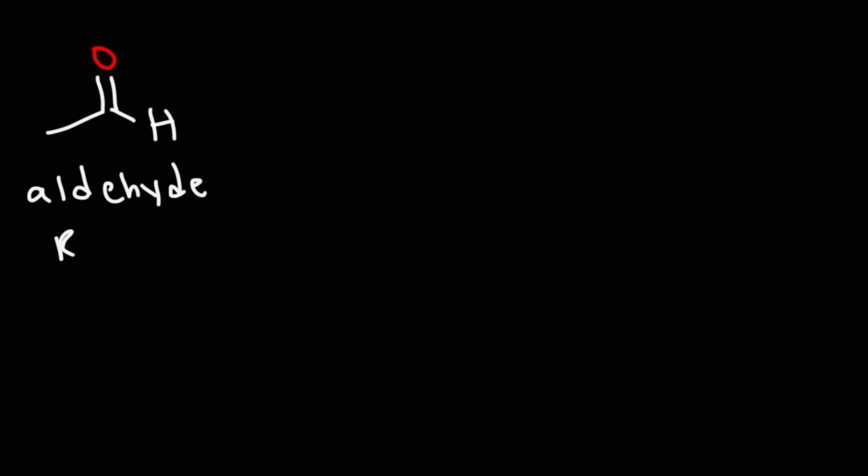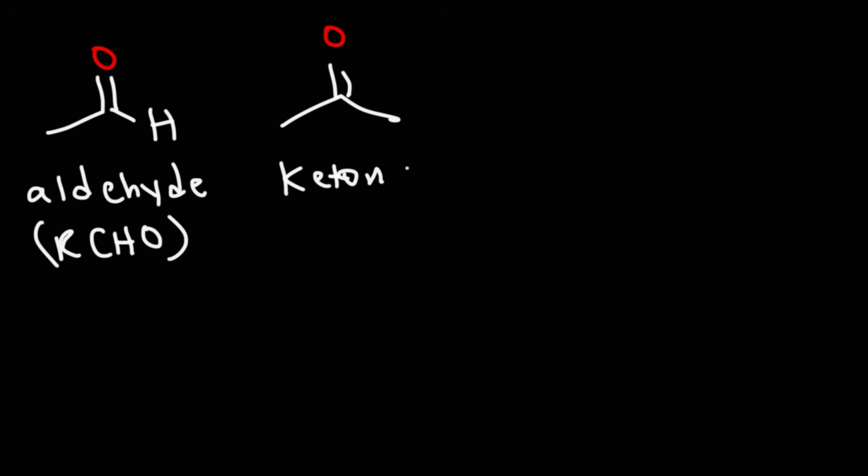Anytime you see a CHO functional group, you know you're dealing with an aldehyde. This here is a ketone. The aldehyde has 1 R group. The ketone has 2 R groups. The aldehyde has the hydrogen at the carbonyl functional group.